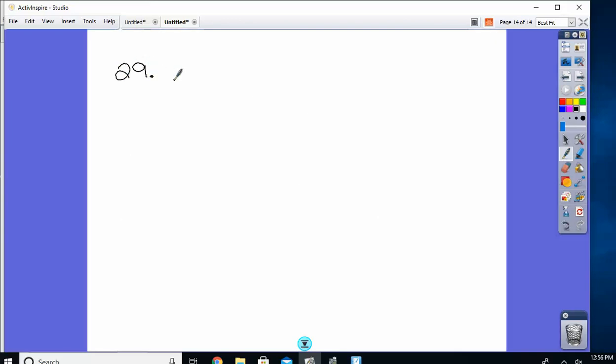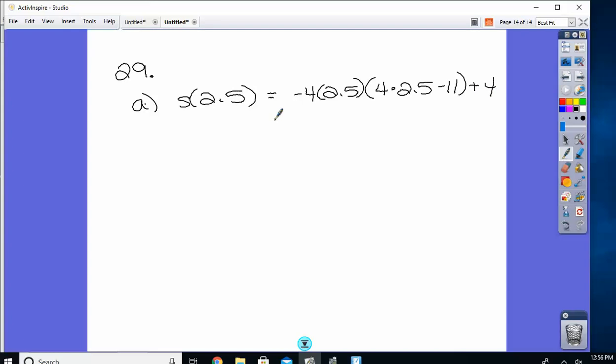So it gives us a formula for the height. And then it says, what is S of 2.5? So what do you have to do? So you have negative 4 times 2.5 squared. So if you use your calculator there, what do we get?